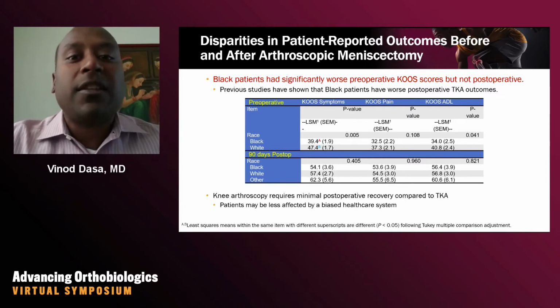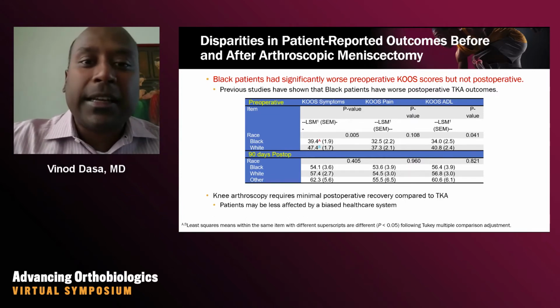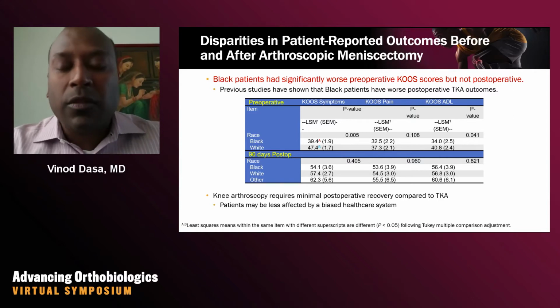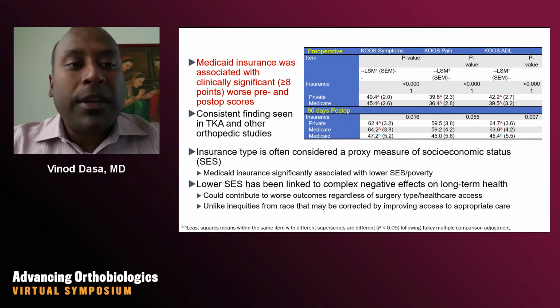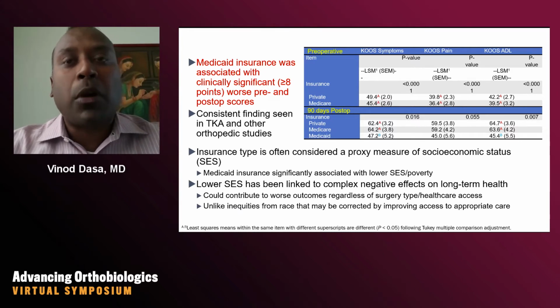So if given the chance, at least with a fairly bread and butter surgery that doesn't require a lot of resources and has a fairly straightforward post-operative recovery, we're able to level the playing field, if you will. What we did find, however, was a difference by insurance. The Medicaid patients did not do as well preoperatively and did not do as well post-operatively.